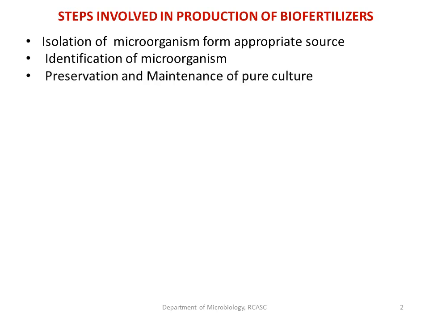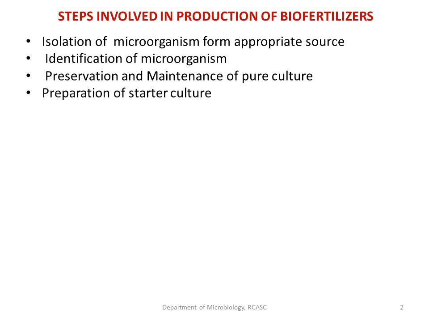Preservation and maintenance of pure culture or mother culture. Once the microorganism which has to be used for biofertilizer has been isolated, it has to be preserved in appropriate condition. We know the different methods of preservation, and it has to be maintained. The mother culture of the organism has to be maintained.